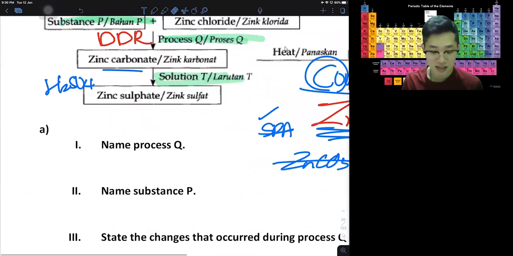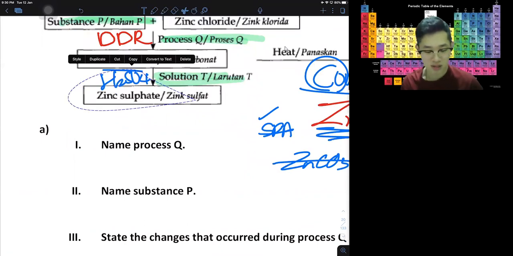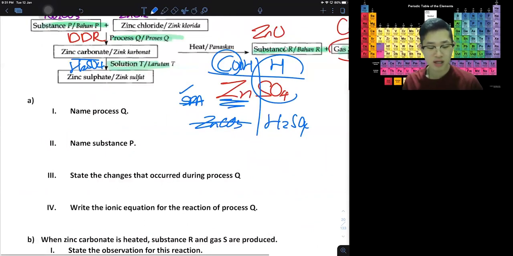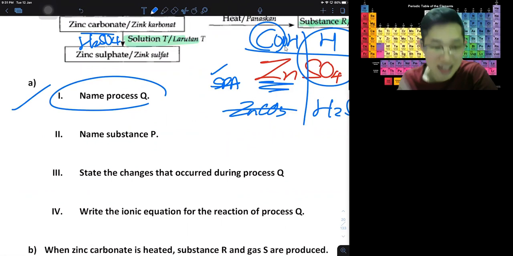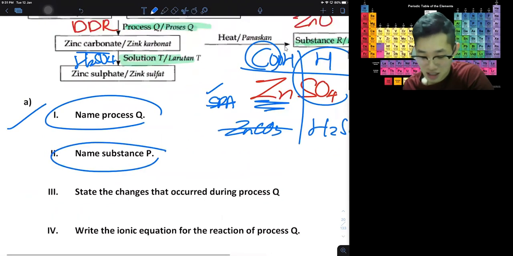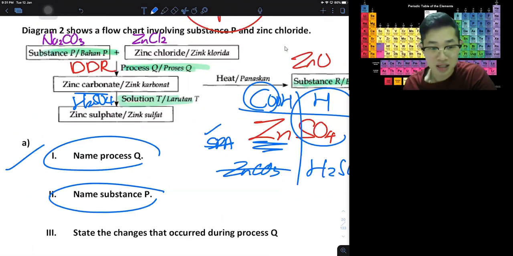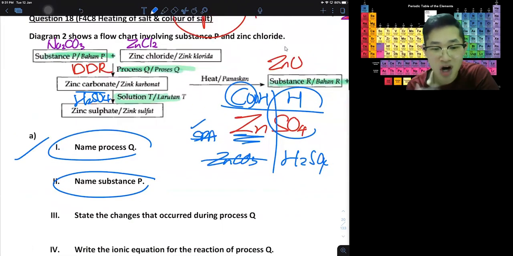Sulfuric acid. So let's look at the question what they want. Name process Q. Okay, done. Substance P, done. Changes that occur during process Q. We do this one. A3.